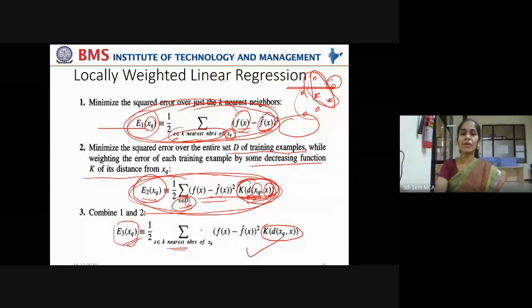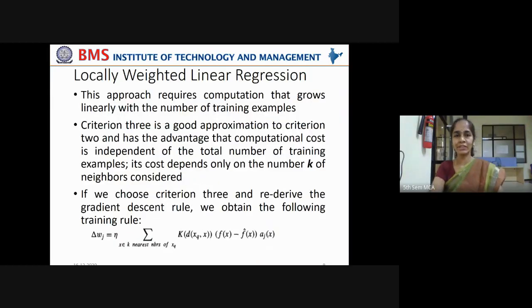So that will make your final equation 1 by 2, sum up all the prediction error squares multiplied by their distance measures for every training example that belongs to the k nearest neighbor set. Now it is very clear, right? This is how you perform the locally weighted linear regression task.